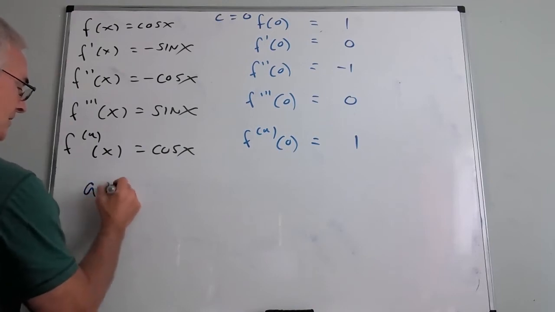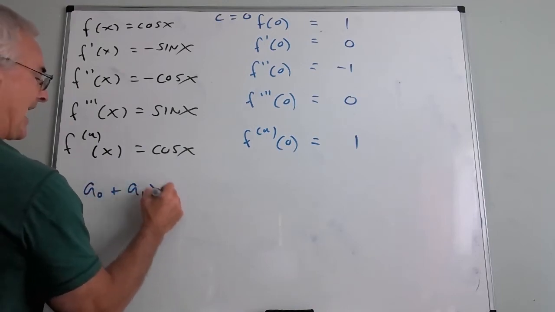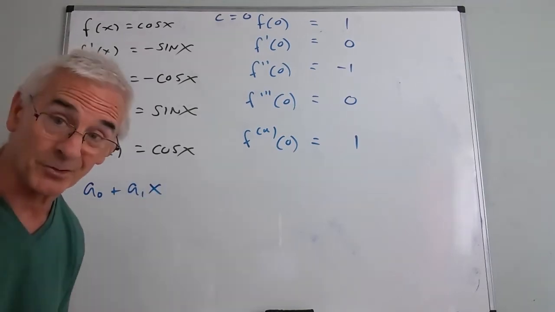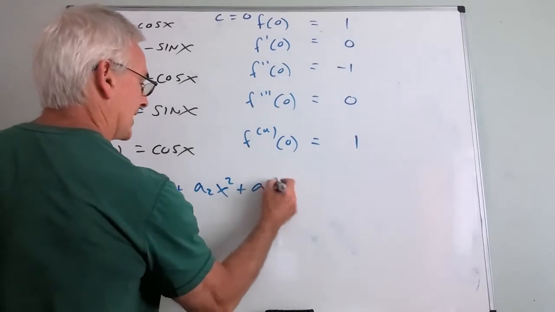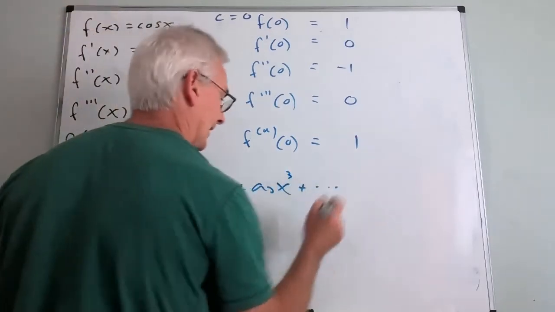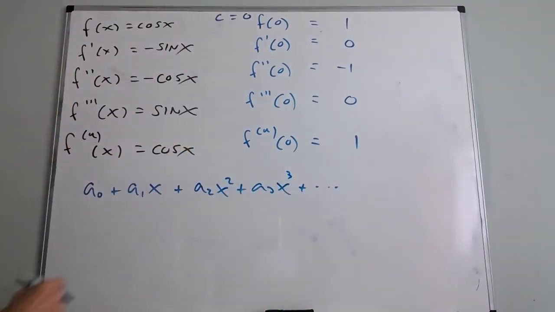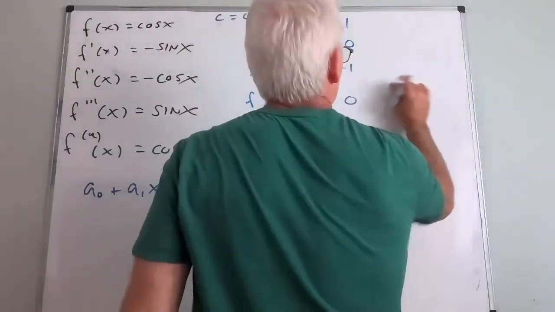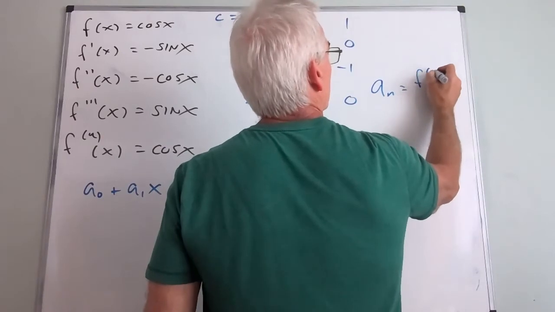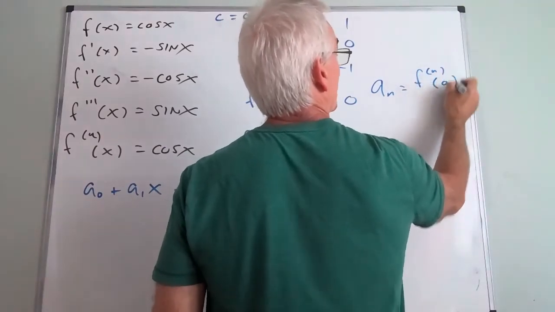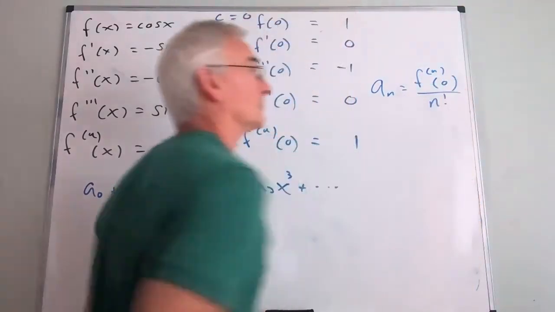It's always going to be a0 plus a1, in this case x minus 0, plus a2 x squared plus a3 x cubed. This is what the power series is going to look like. Now, what did we say before? We said that the nth term is the nth derivative evaluated at c, which in this case is 0.